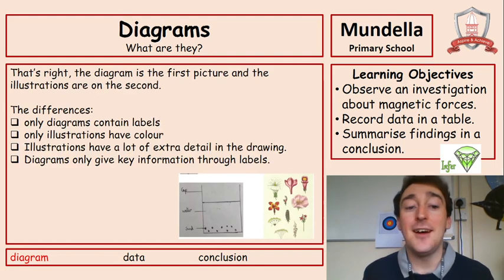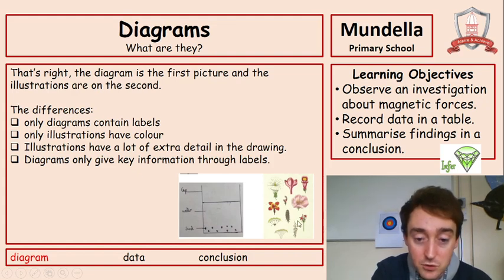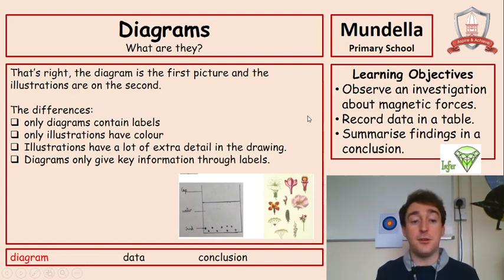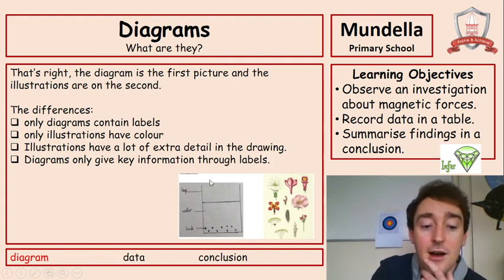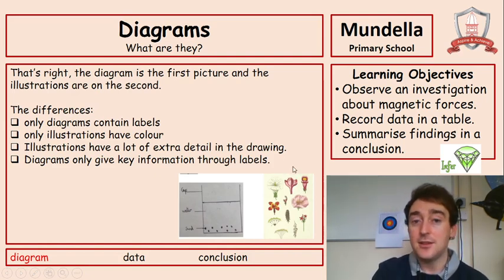That's right, the diagram is the first picture, so that's this one here. And the illustrations, there is more than one, there's quite a few here. The illustrations are on the second picture. And what are the differences between both? Well, you'll see that diagrams have labels, so we've got writing there saying exactly what everything is. You don't really need that on illustrations because it's drawn in such detail that it's obvious what it is without any writing.